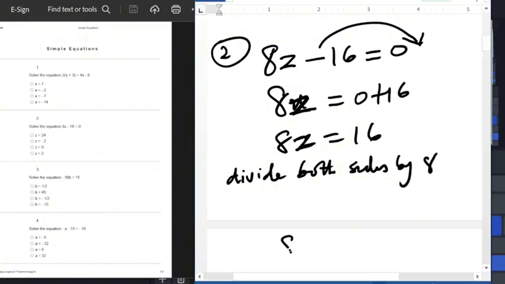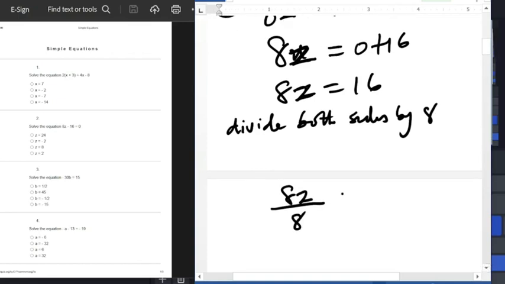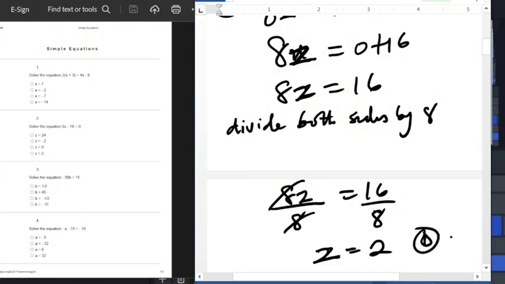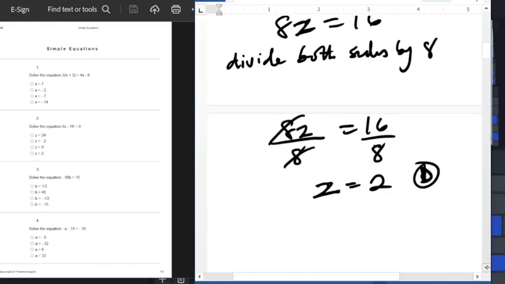That means you're going to have 8z divided by 8 equals to 16 divided by 8. So this cancels, then z equals to 2. That is option D.